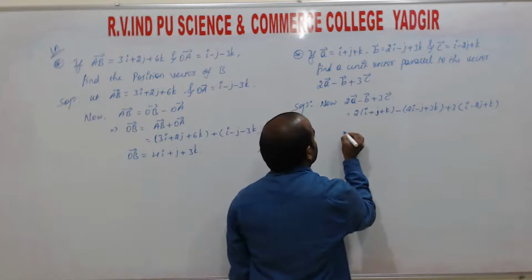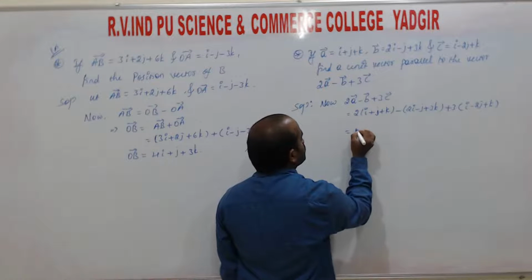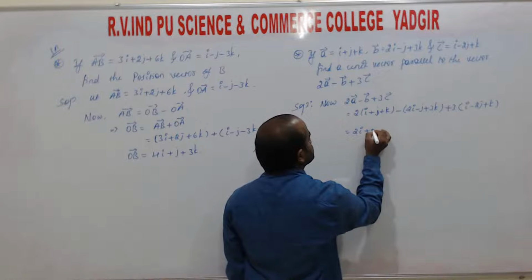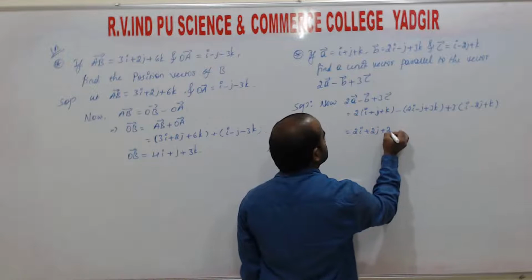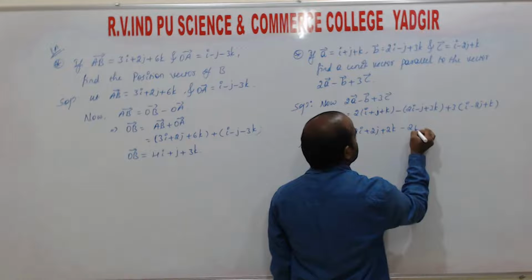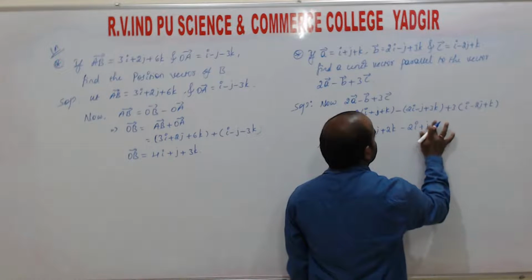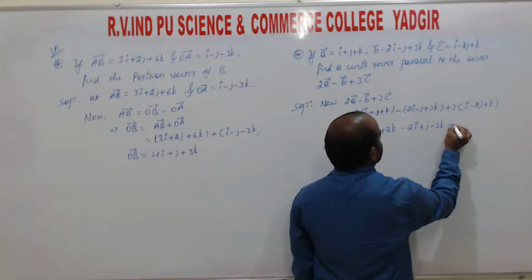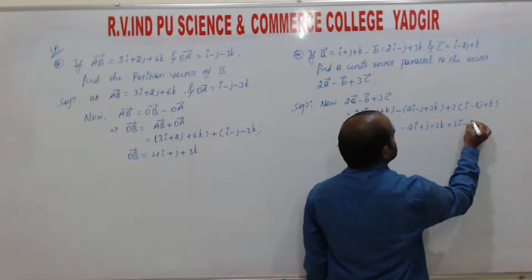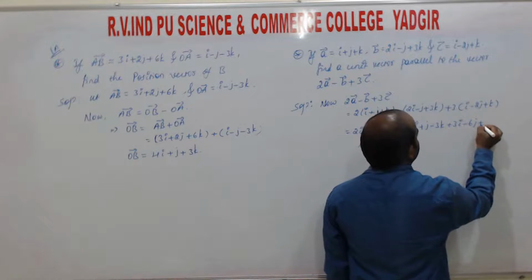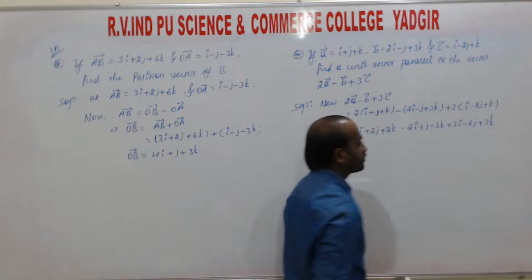Now 2i plus 2j plus 2k, minus is multiplied: minus 2i, minus into minus plus j, minus 3k, 3i, 6j, 3 into 1, 3k.